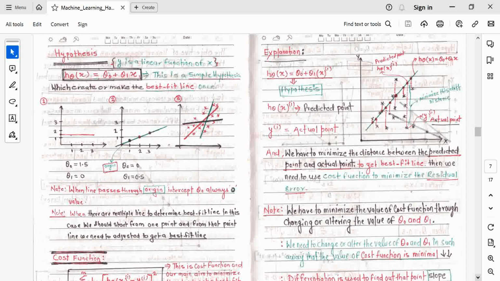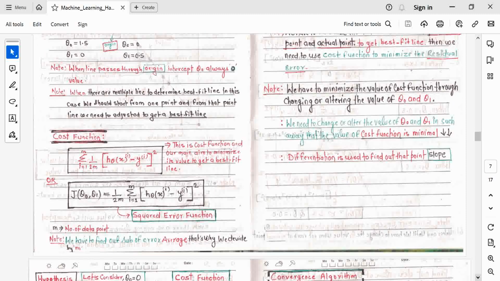And how do we get the best fit line? The residual value is the difference between the predicted point and the actual point. When we sum these values and the sum comes to a minimal point, that is taken as the best fit line. So we need the cost function to minimize the residual errors.